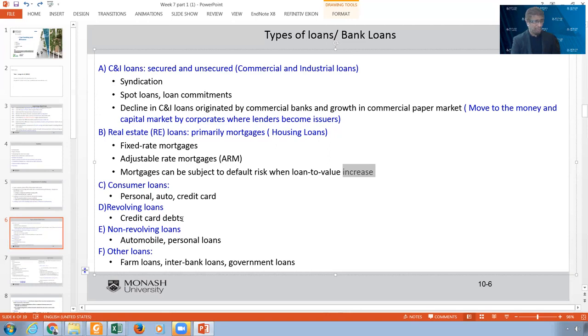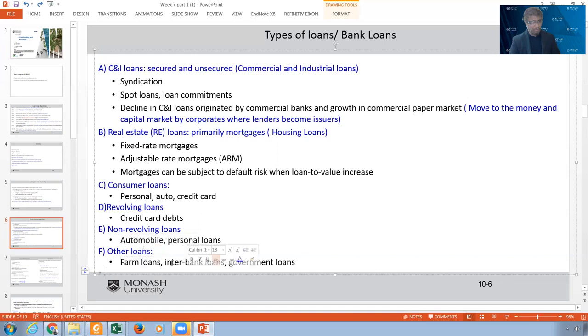And we have something called non-revolving loans, which is a loan for one time. When it ends, you have to have a new contract and take it. This is what we call automobile loans, personal loans and other loans. And of course, the government can ask banks to give loans to some sectors that are disadvantaged in the system, and they want to encourage them, like farm loans.